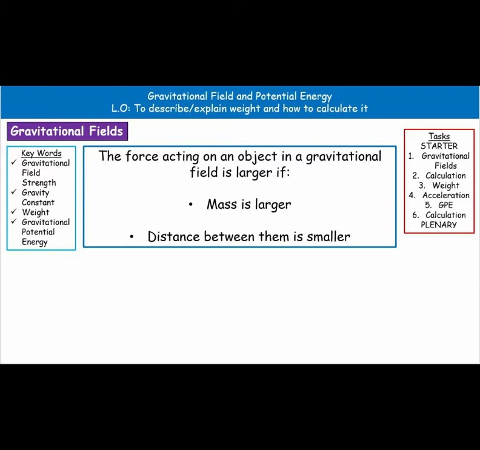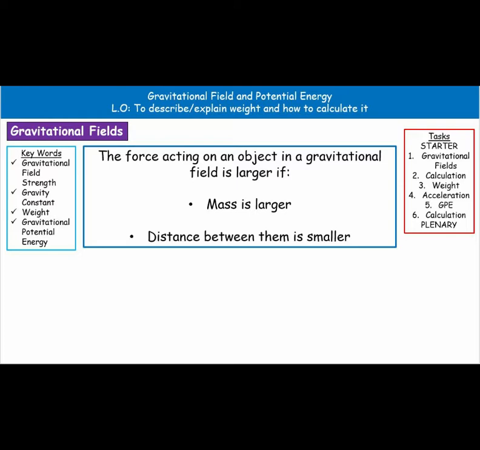Now, if we consider what is actually going to affect this force that acts on an object within a gravitational field, we've got two key factors here. The first one is the mass of the object, and the second is the distance between them. Our first little pattern that we need to remember is about mass. The gravitational field will be larger if the mass is larger, so bigger masses mean bigger gravitational fields.